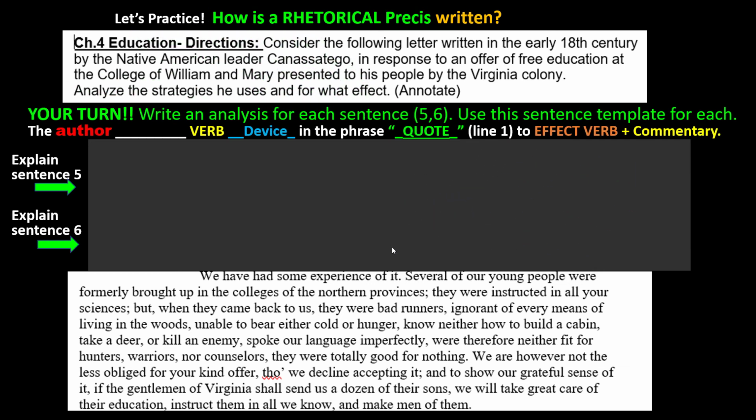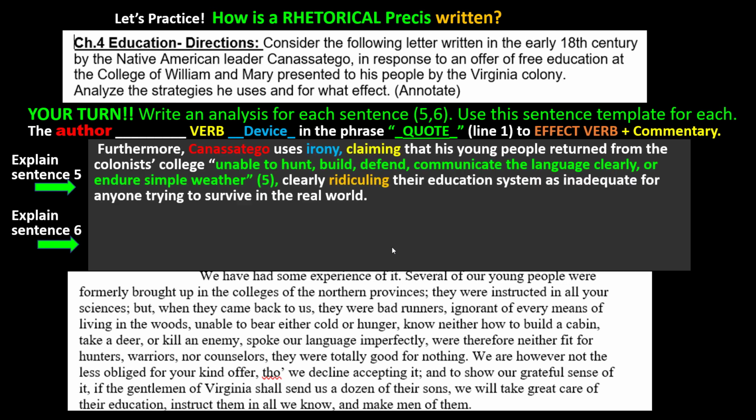All right? Good luck. All right, so if you wrote a sentence explaining sentence 5, it might look something like this. "Furthermore, Kanasatego uses irony, claiming that his young people returned from the colonist college unable to hunt, build, defend, communicate the language clearly, or endure simple weather, clearly ridiculing their education system as inadequate for anyone trying to survive in the real world."